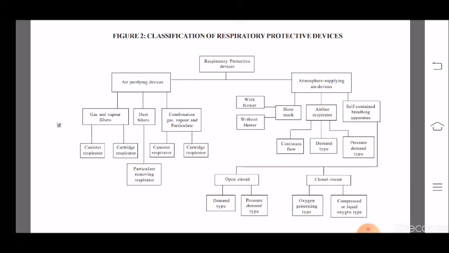In open type, it depends on demand, pressure demand, and in closed type, oxygen gathering, oxygen generators, and compressed or liquid oxygen type, which recently have been introduced in Ahmedabad Civil Hospital. The airline respirators are continuous flow type respirators and demand type respirators, as well as pressure demand type respirators.